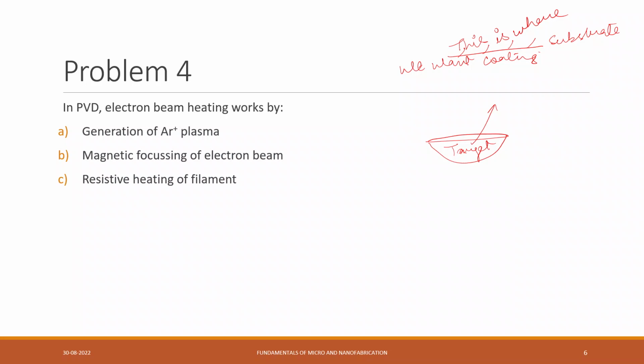Physical vapor deposition. So the options are generation of argon plasma, magnetic focusing of electron beam, and resistive heating of filament.